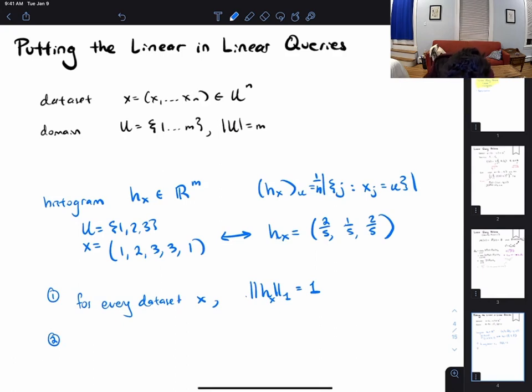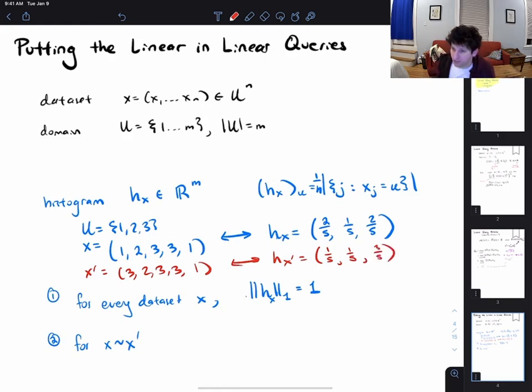Okay, and second, if x and x prime are neighbors, then when I change one record of the data set, in this case, I'm going to subtract 1 over n from the 1's column, and then I'm going to add 1 over n to the 3's column.